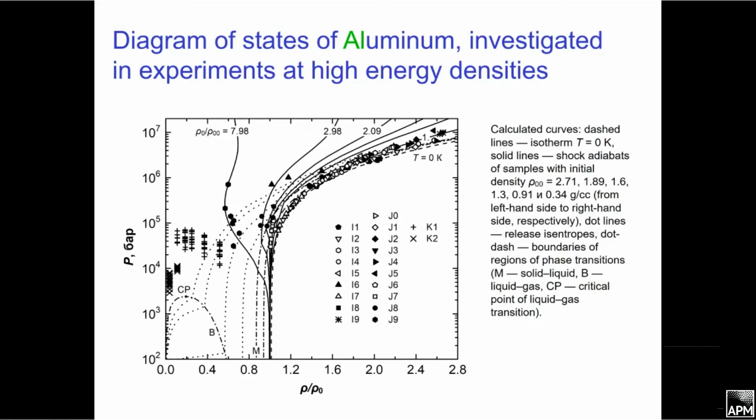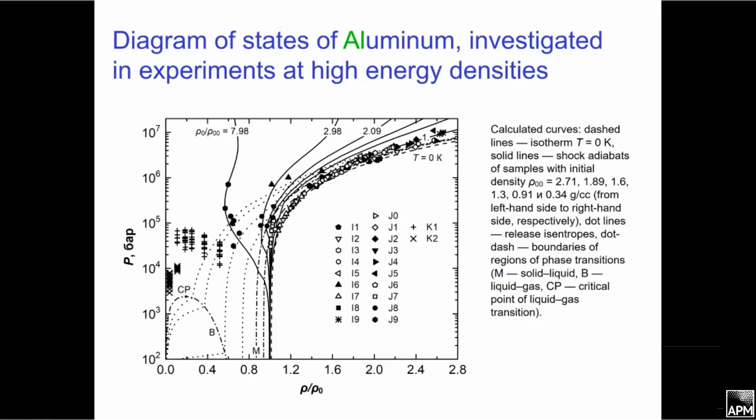Markers denote experimental data from shock wave experiments. These crosses show results of experiments with electrical explosion of metallic foils.